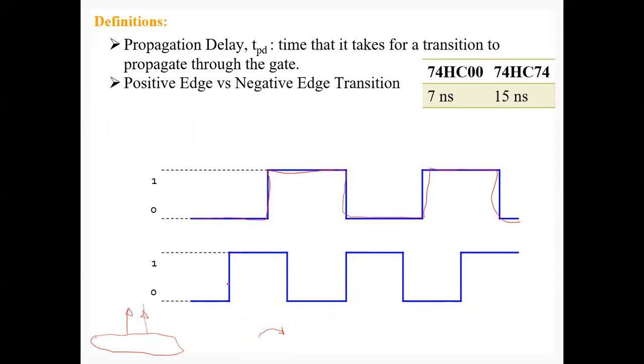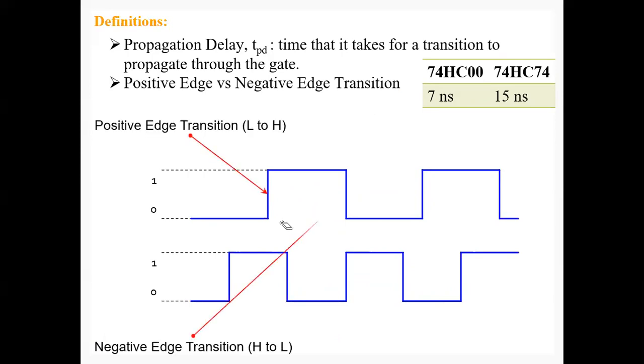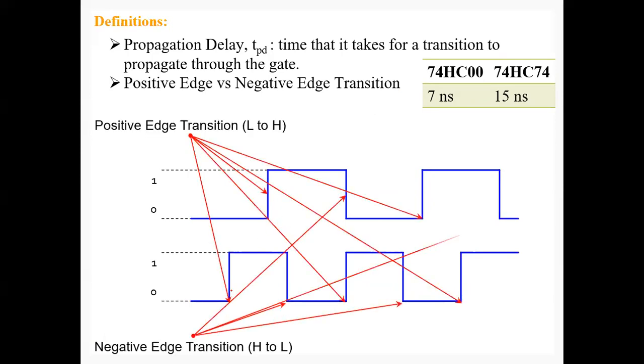So here it is low, then high, then low, then high, then low, then high, then low. What is the positive edge and what is the negative edge? That's what I'm trying to show you here. If you look at this guy here, this is negative edge and this is positive edge.